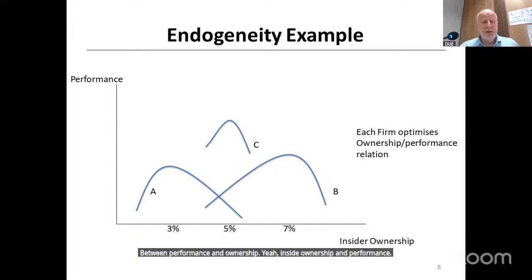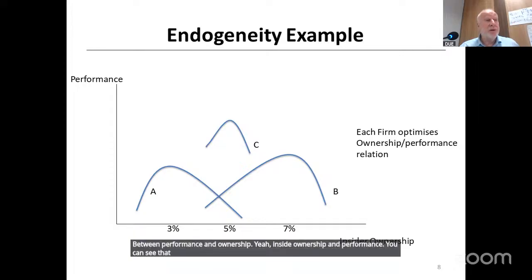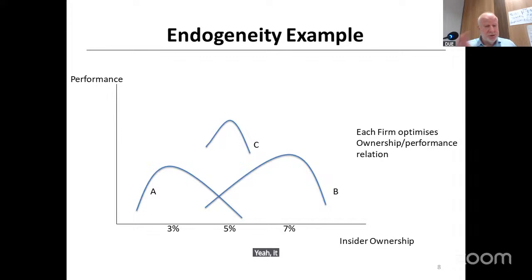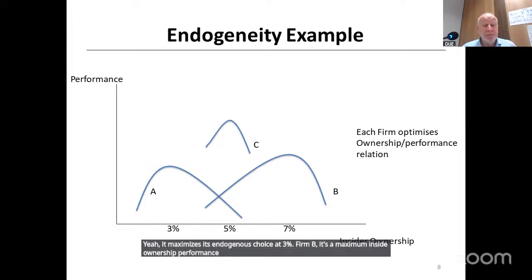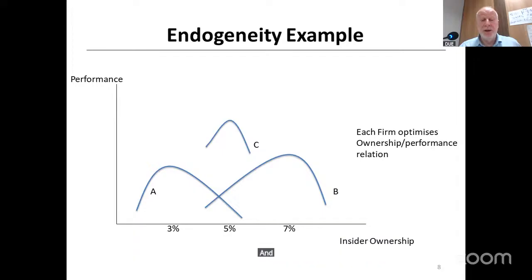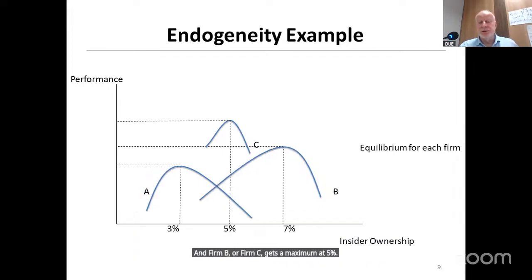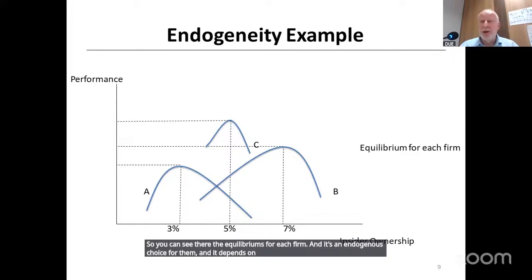You can see that firm A maximizes its performance at an inside ownership of 3%. Firm B gets maximum performance at 7%. And firm C gets a maximum at 5%. So you can see the equilibriums for each firm. It's an endogenous choice for them, and it depends on their own individual trade-off.